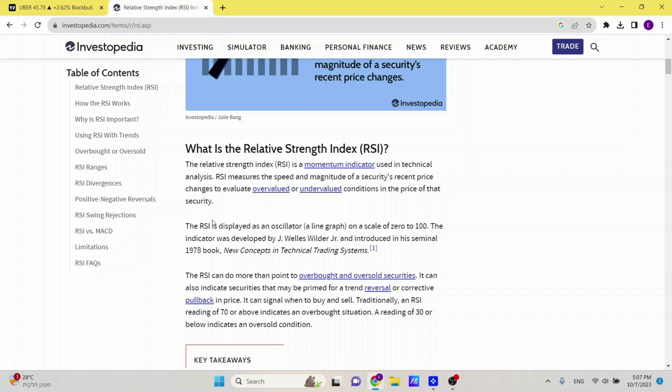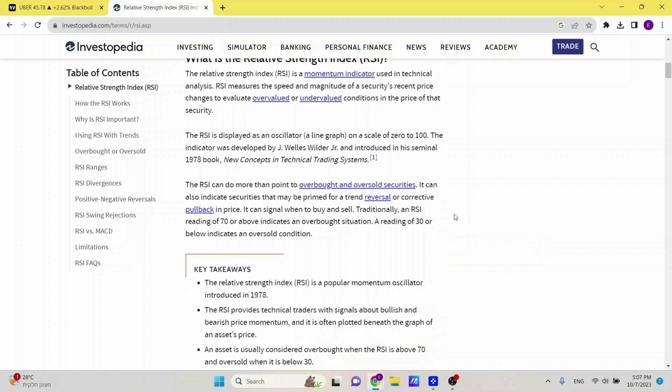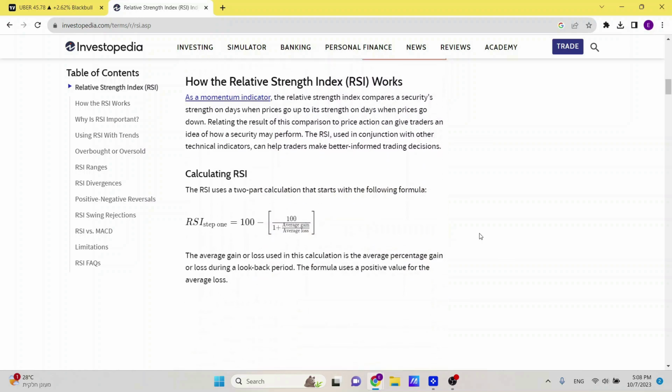The RSI is displayed as an oscillator on a scale of 0 to 100. And traditionally, an RSI reading of 70 or above indicates an overbought situation, and 30 or below indicates an oversold condition.